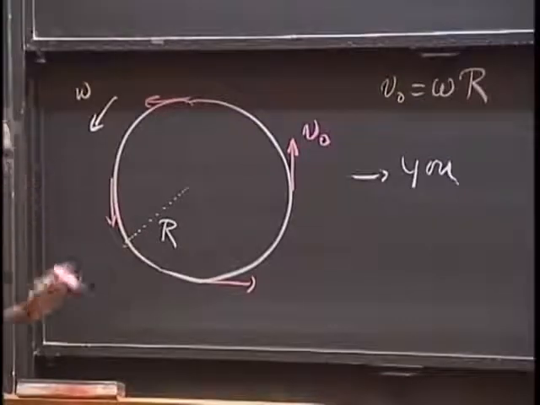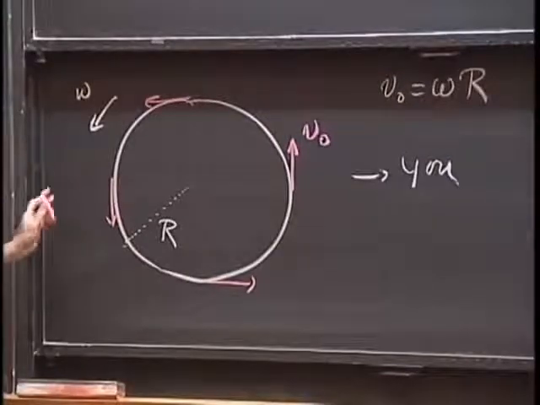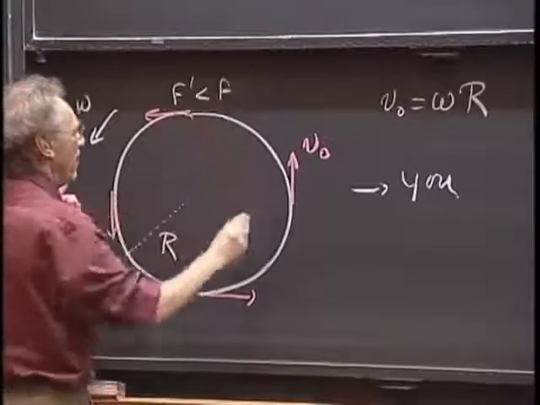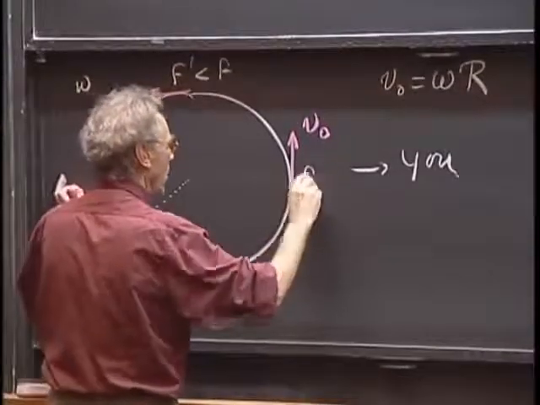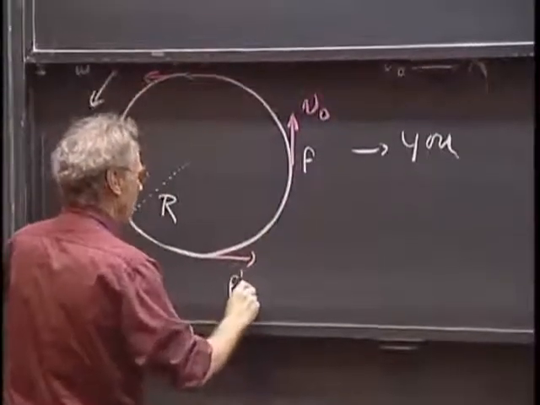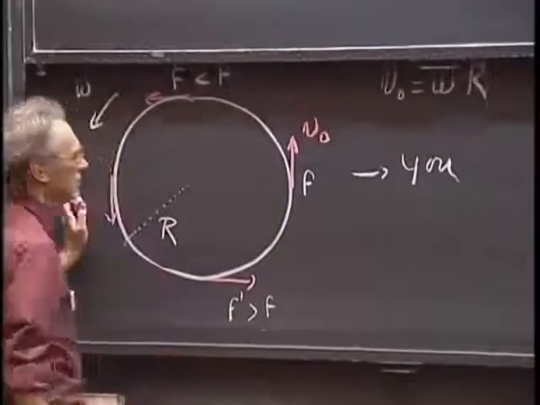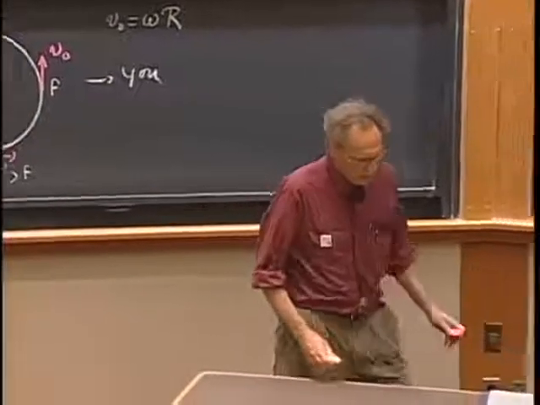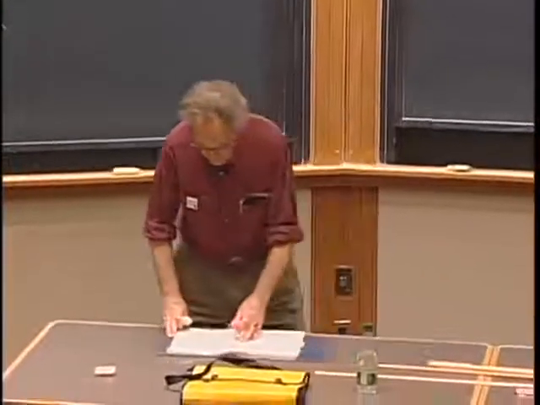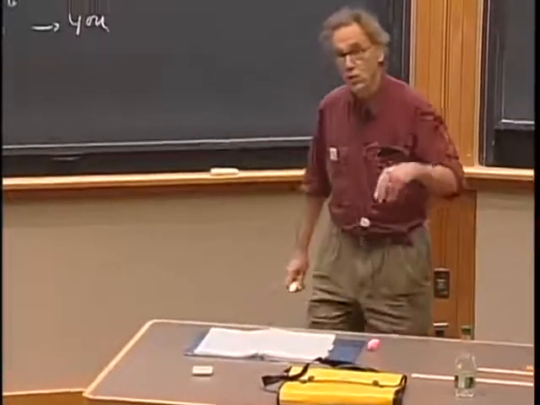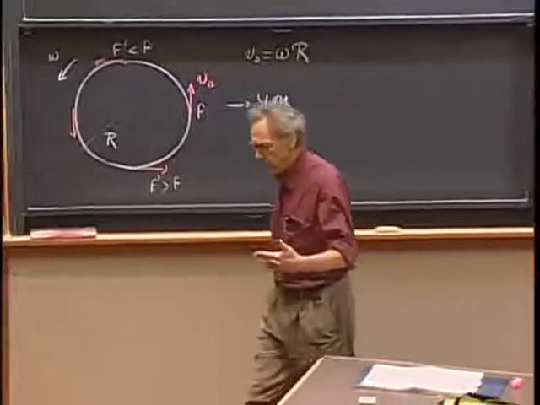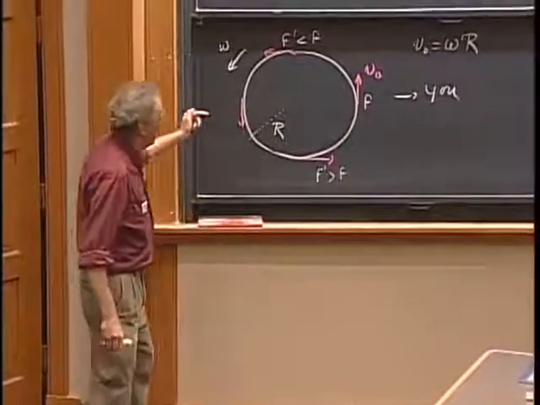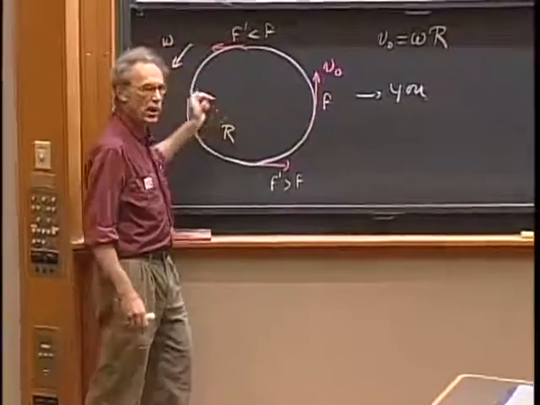And the sound source has frequency f. So it's clear that if it moves away from you, then f prime will be smaller than f. Here f prime will be f, and here f prime will be larger than f. And so as you listen to this sound, you will hear the sound change in a sinusoidal way, because what matters is not the speed of the sound, but the speed of the source, the radial component in your direction.